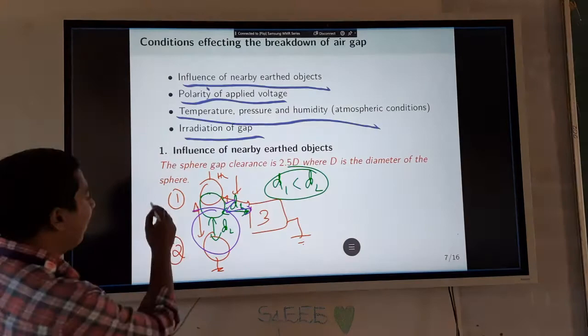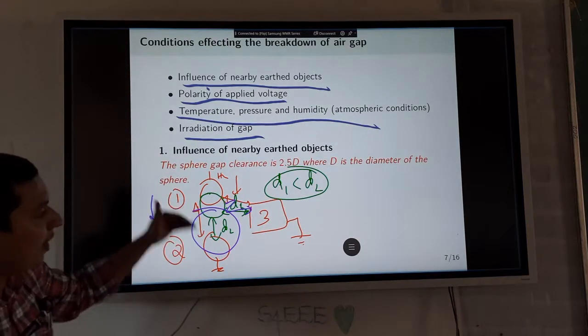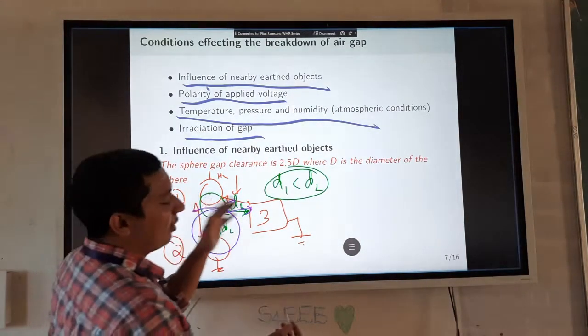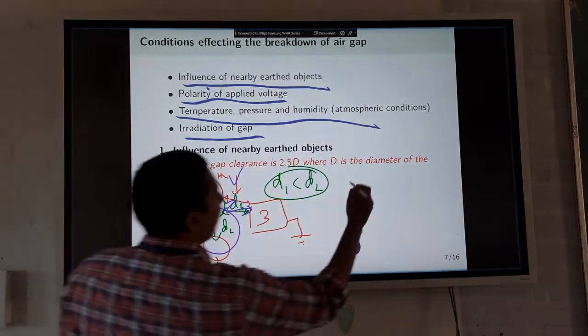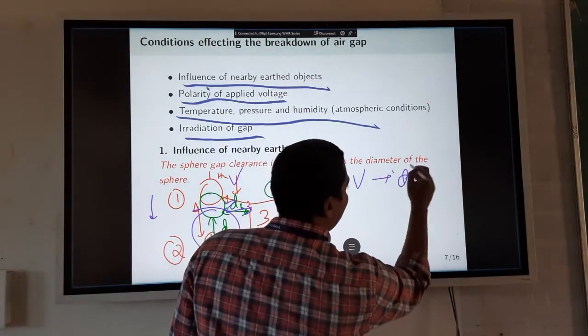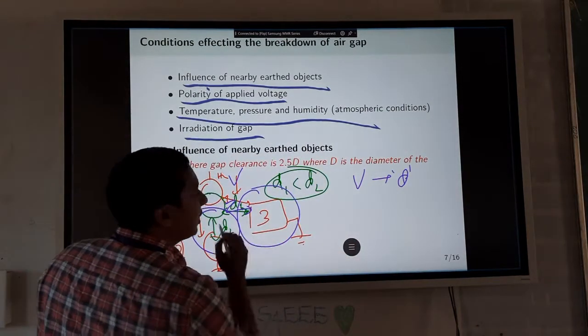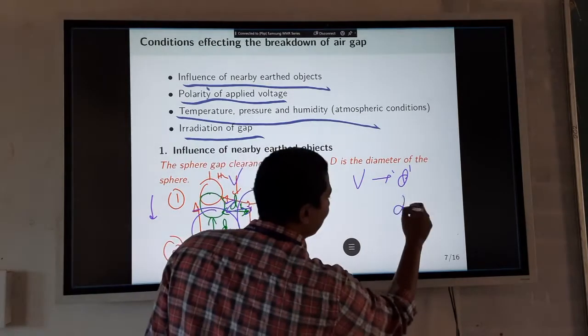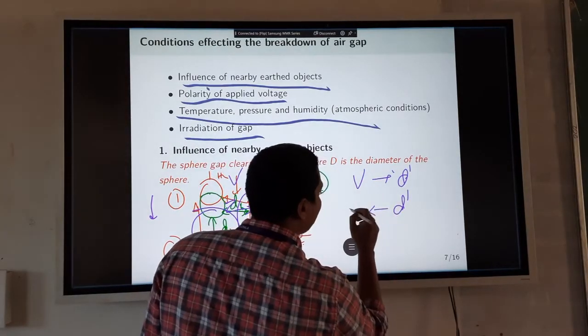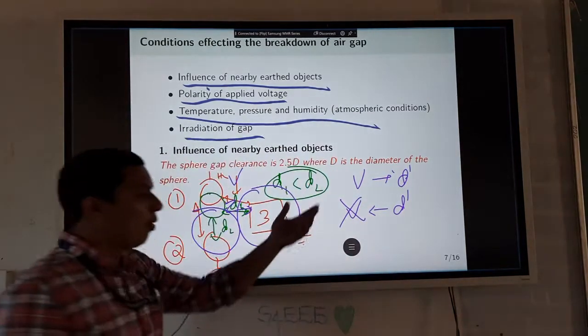Then again we will reduce the distance, and at a very small distance, which does not correspond to the actual voltage. We apply a voltage and there is some distance d corresponding to it. But because of the third object in the vicinity, your final distance d dash will not correspond to the original voltage.